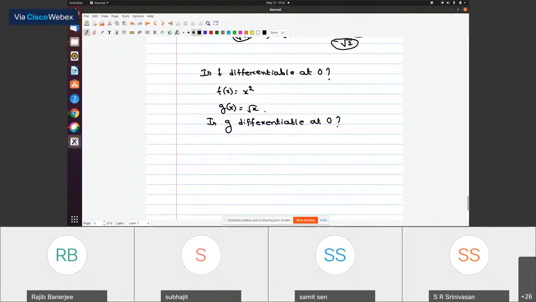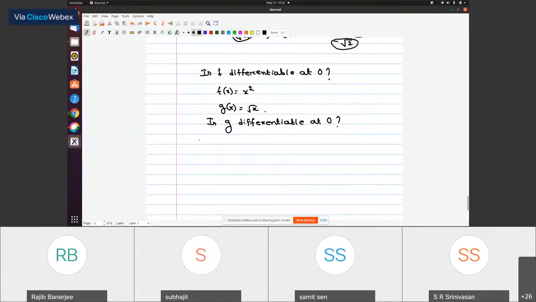The derivative of g is 1 by 2 root x, and at x equal to 0 it is a vertical line. So g is not differentiable at 0. Why? Can you tell me?